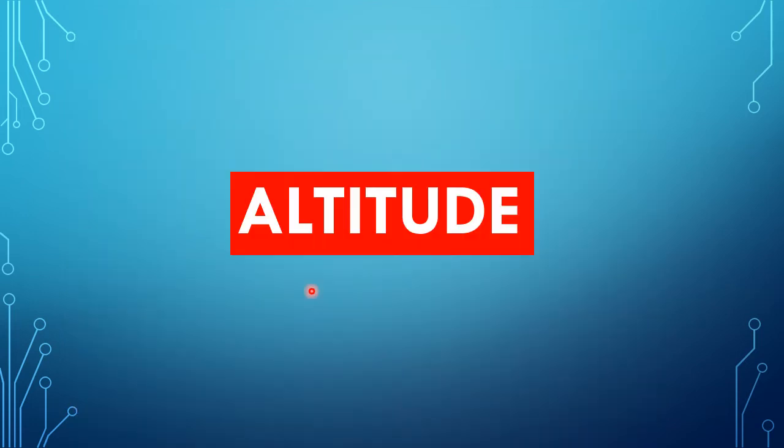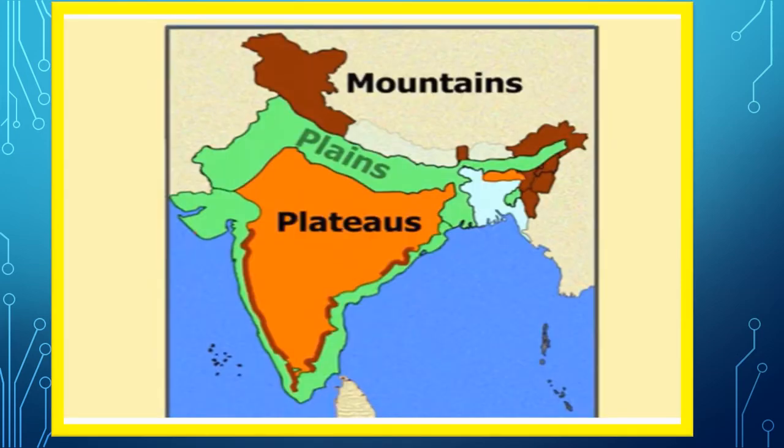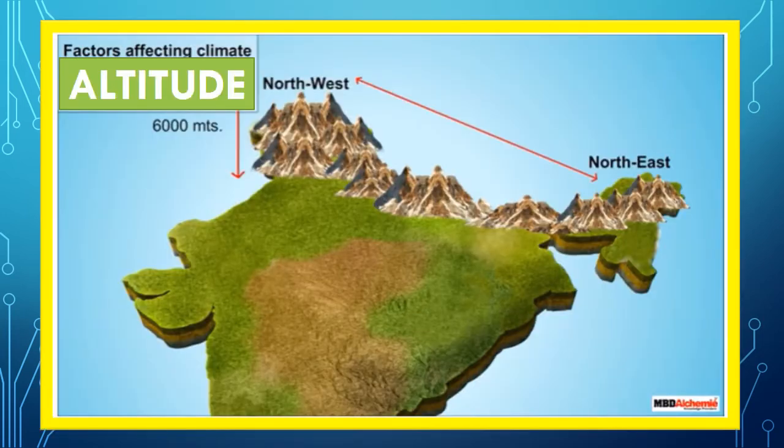Children, let us go to the next factor that affects the climate of India, that is altitude. This is a map of our country. You can see we have the mountains, plains, plateaus and the coastal region. In the coastal region the maximum elevation is 30 meters. Towards the north we have the Himalayas, ranging from northwest to northeast, with an average height of 6,000 meters.